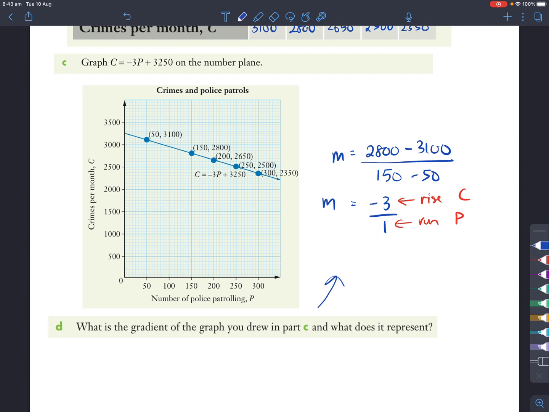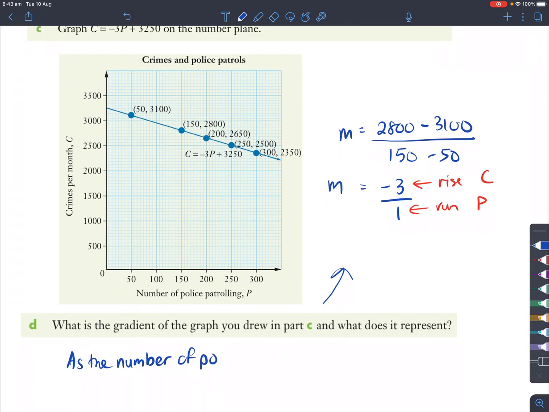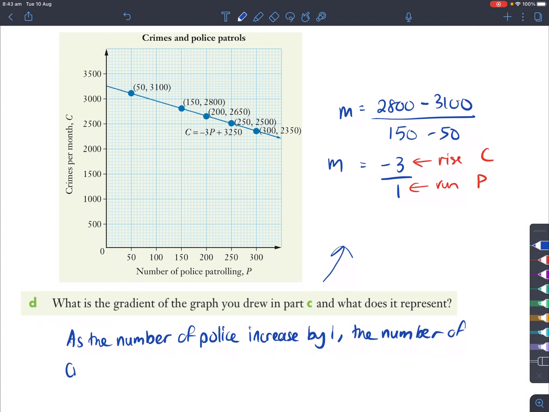So we can say that as the number of police increases by 1, the number of crimes decreases by 3.